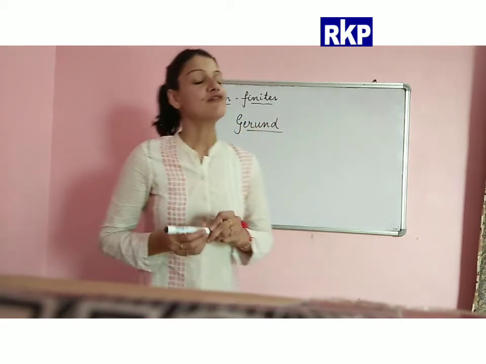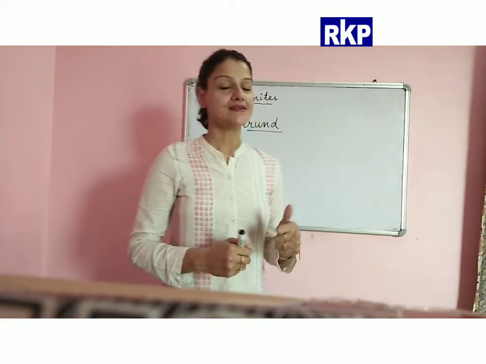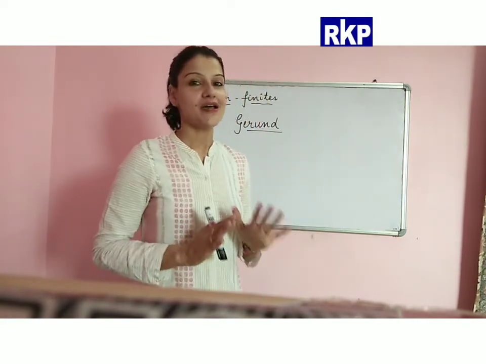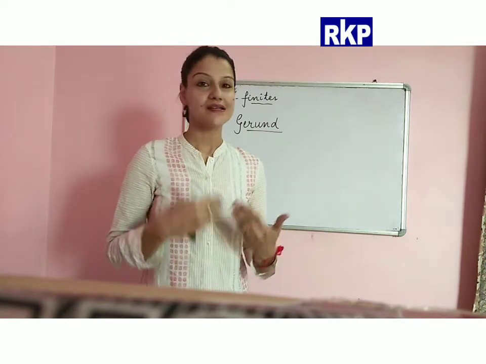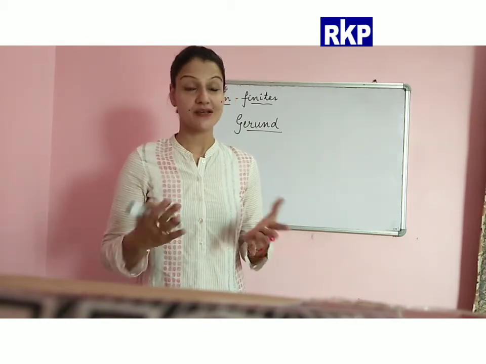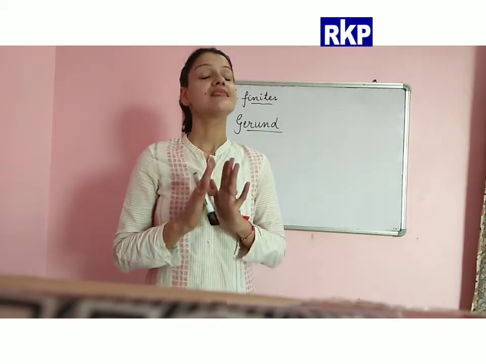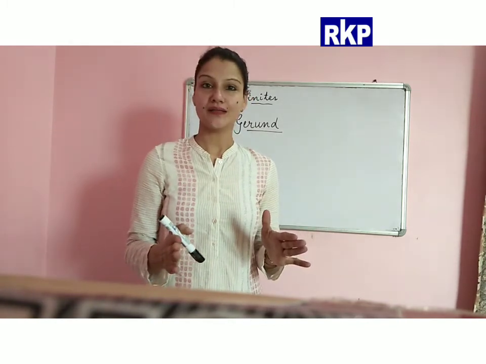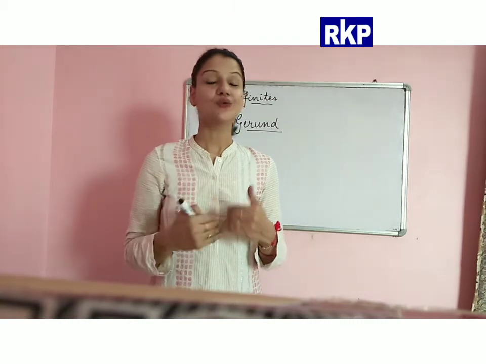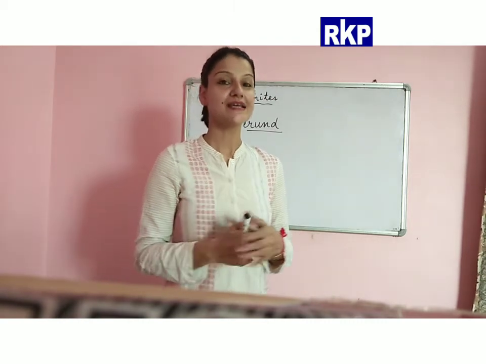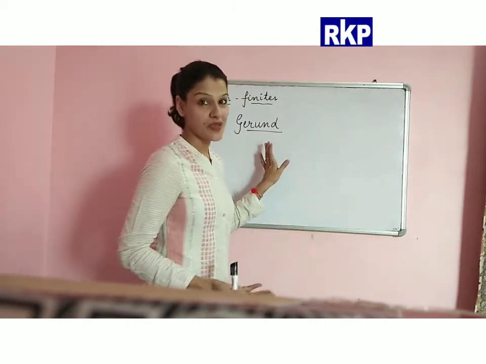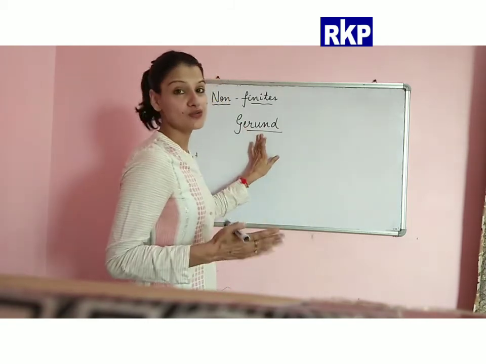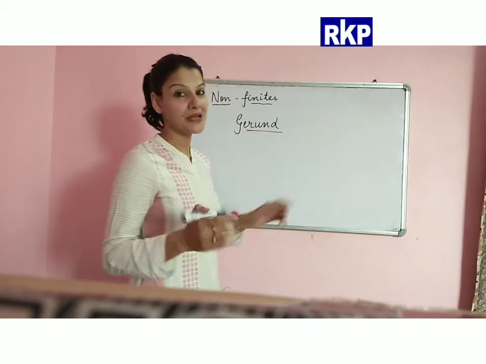Now, of course, we know that all the non-finite verbs, whether it is infinitive or gerund or participles, don't work as the main verb in the sentence. They do not show us the tense. In the same way, a gerund doesn't work as the main verb.